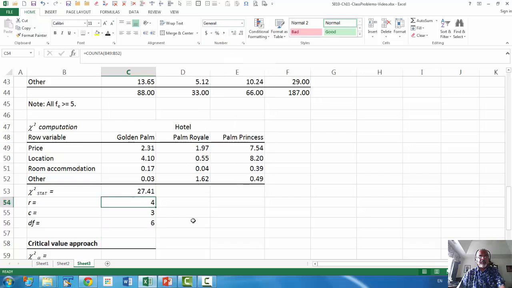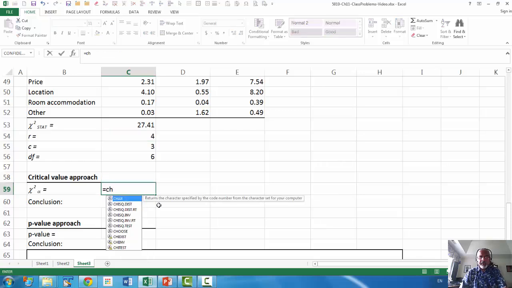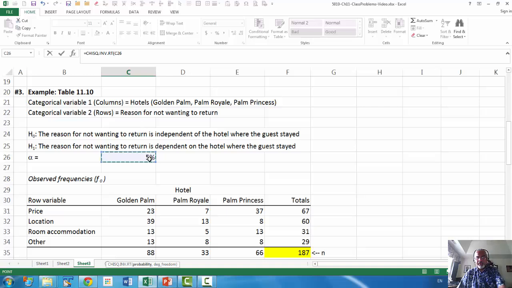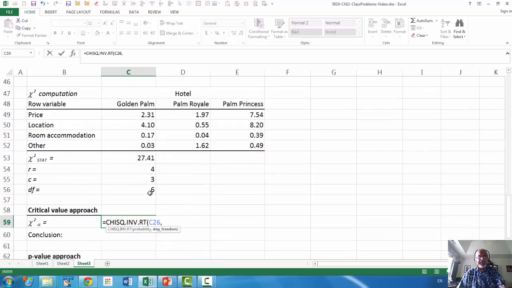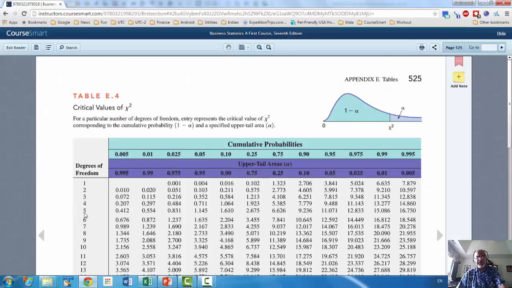So let's change that to general format. Then our chi-squared critical value will be CHISQ.INV.RT of alpha comma degrees of freedom, which is 6. That will give us the chi-squared table value, and if we use the textbook for this, we have 6 degrees of freedom, alpha of 0.05, upper tail, which is 12.592.